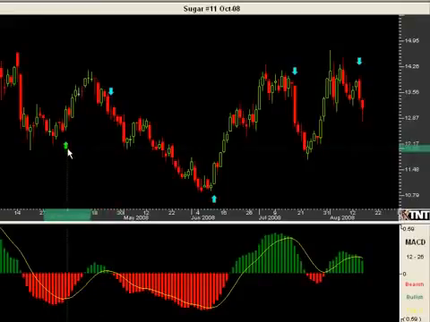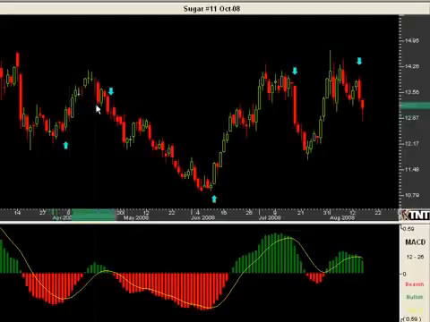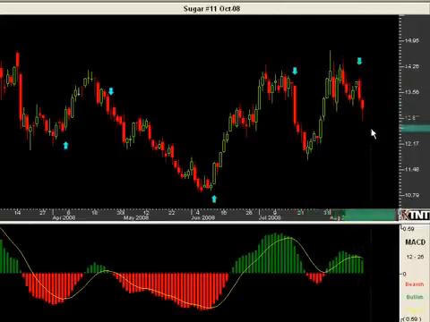We got a buy signal here when the histogram crossed over the trigger line, a sell signal here when it came back under, another buy signal here, another sell signal here, there should have been a buy signal there but it didn't come up, and another sell signal here.